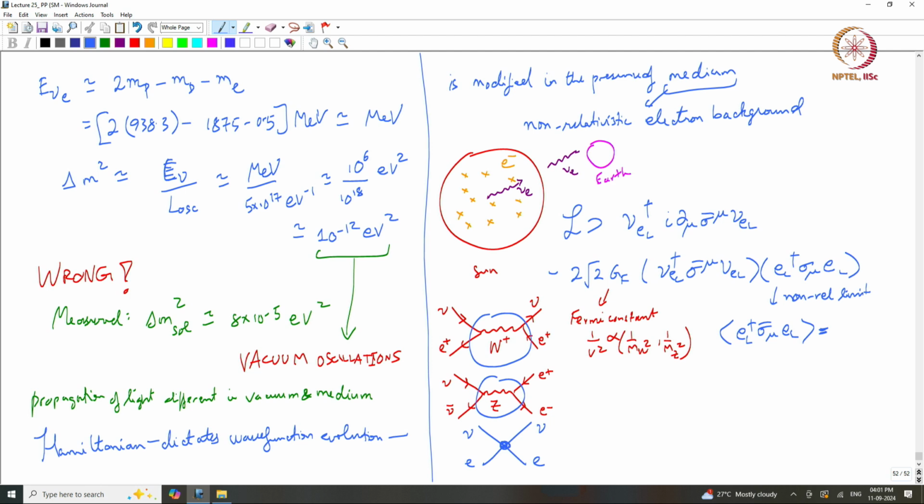You will see that in the non-relativistic limit, this is nothing but the number density of the electrons. This is literally a counting operator that gives you the number density. The mu is a Lorentz index, I have done nothing about that. That mu will be forced to be 0 actually. It is just a delta, sorry, not delta function, the delta tensor.